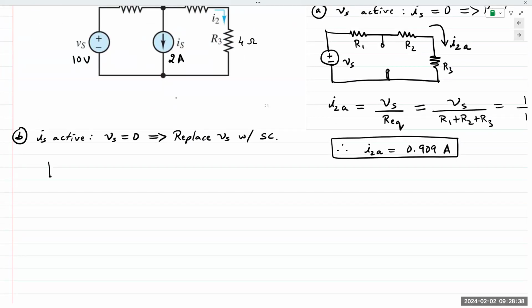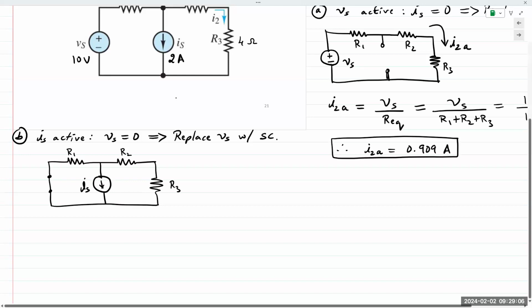So this time, and this is a very interesting circuit. You'd be surprised at the answer at the end. So IS is coming down. We have R1, R2, R3, and I2B this time.